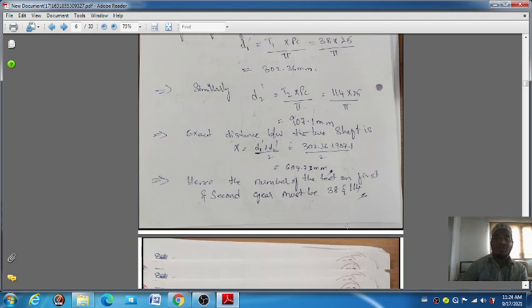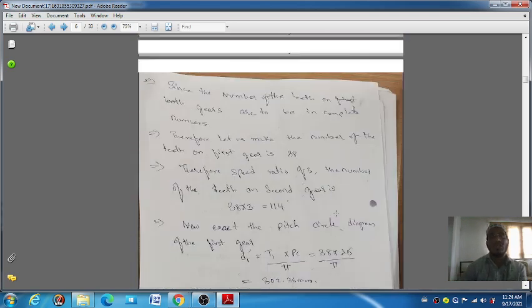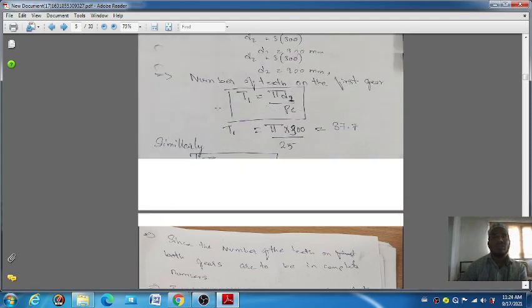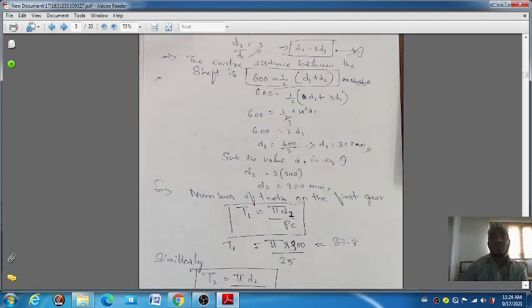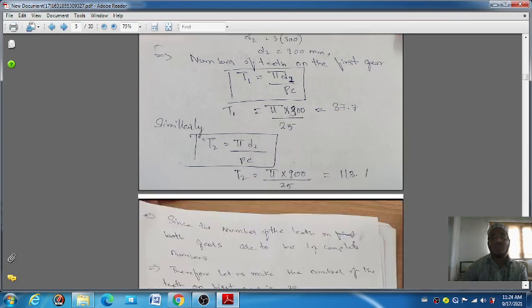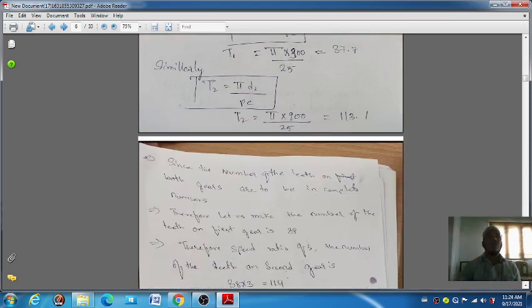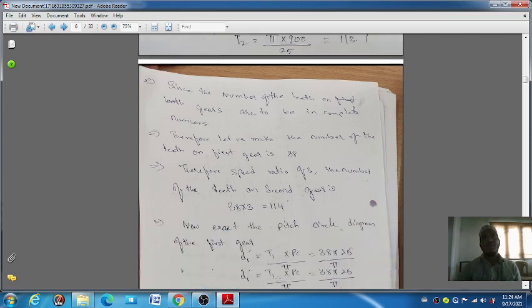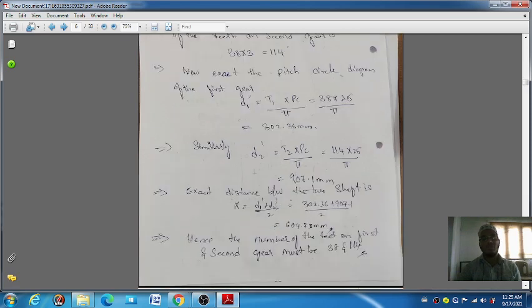Then after that we say hence the number of teeth on the first and second gear must be 38 and 144. We should not go on to find the number of teeth by the formula. We just have to take the approximate value and substitute that value in the circular pitch formula, as well as in the distance between the two shafts formula.